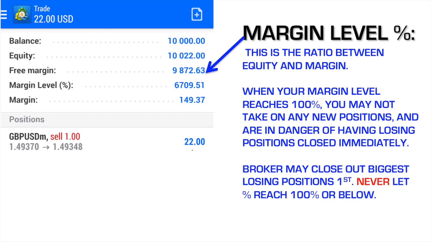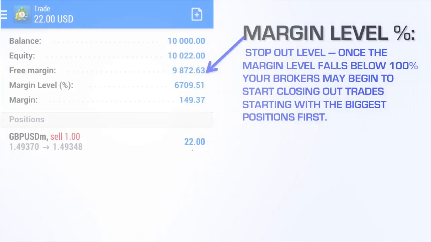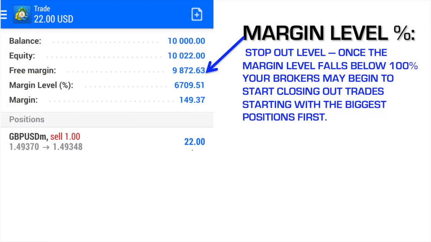Well, it depends on what your account is, but anyhow, I'll keep on with this example. Let's say you were able to close the 20 and the 5 out, and that would now increase your margin level percent to, maybe let's say 300%. Now you've just given yourself room to breathe. You've just given your trade the ability to still turn around if it hasn't already hit your stop loss.